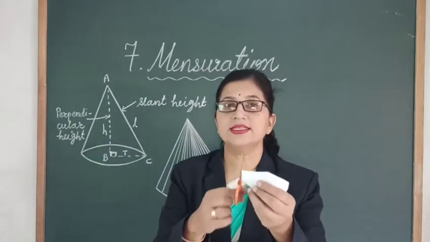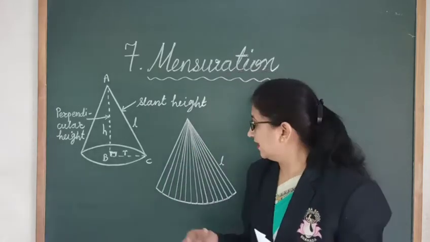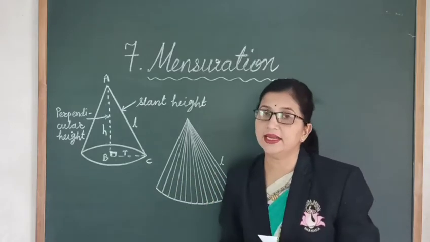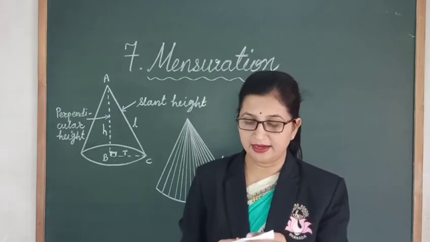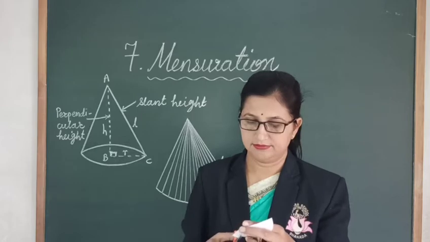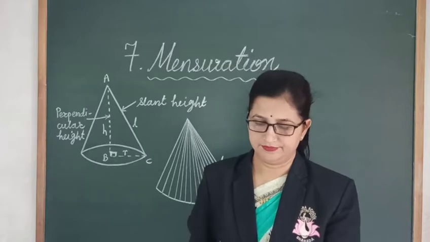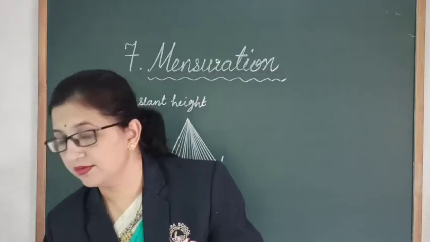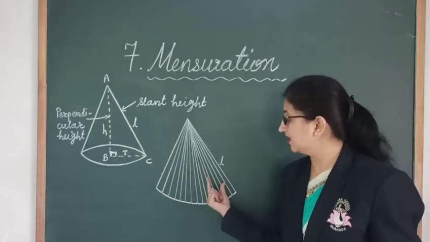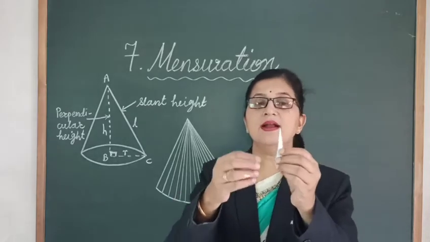Here, this net of a cone, let's cut it into small pieces like this, a number of small pieces. Each piece will be like a triangle. If we cut the curved surface area into such small pieces, we get each piece as a triangle.